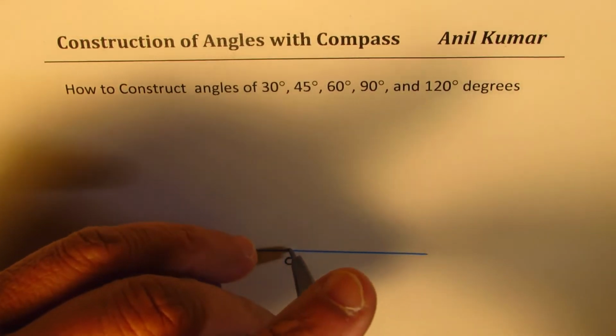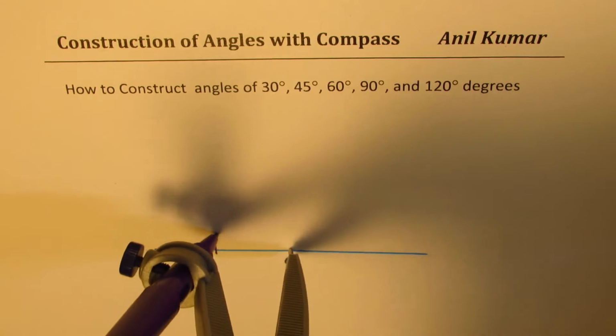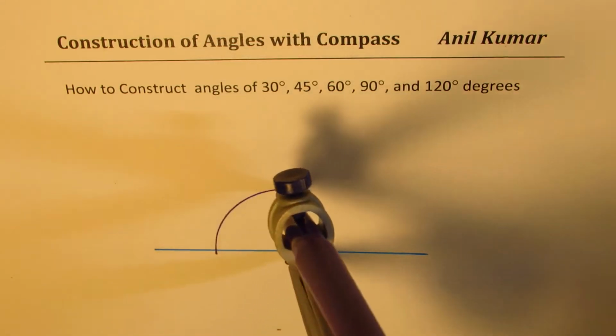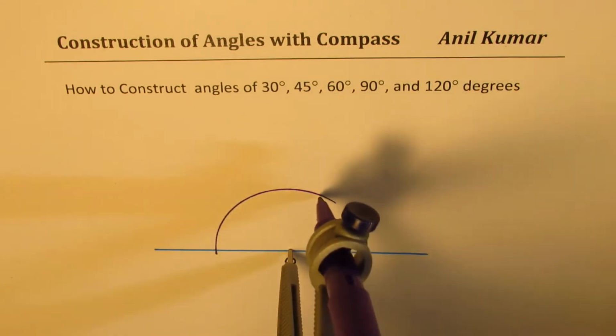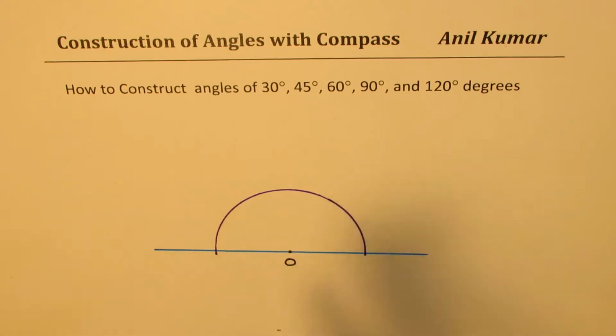So we'll just open up an arc from the compass and draw a semicircle as you can see here, right? It cuts the line at 2 points.